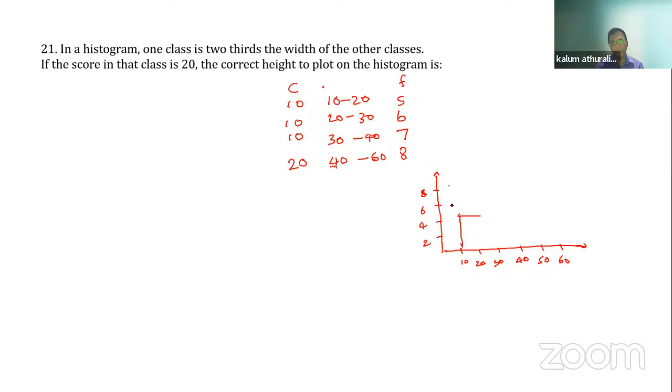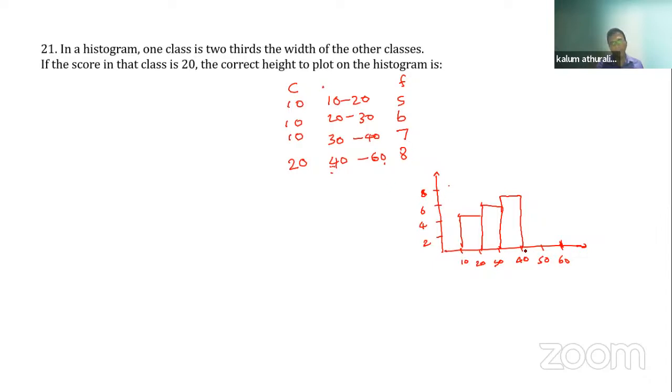Next 20 to 30, 30 to 40. Now 40 to 60. Then is this area proportional to the frequency? Not height. Area is proportional to the frequency. That is, area equals frequency.